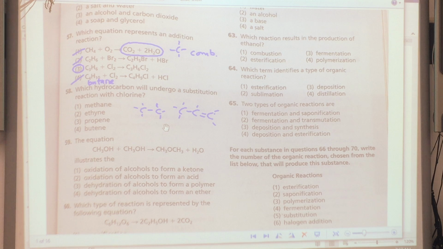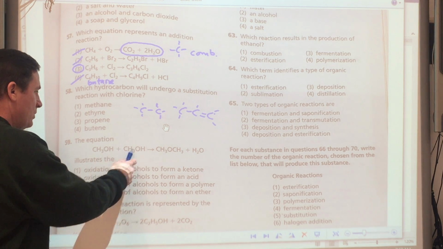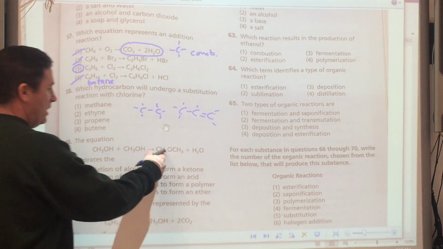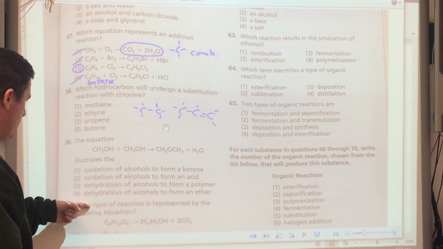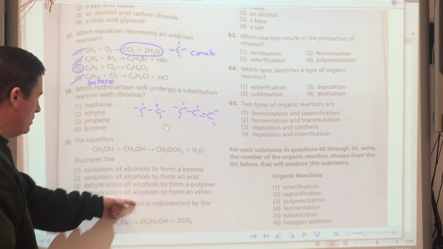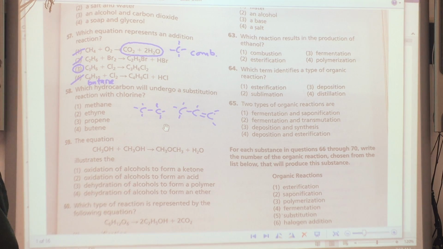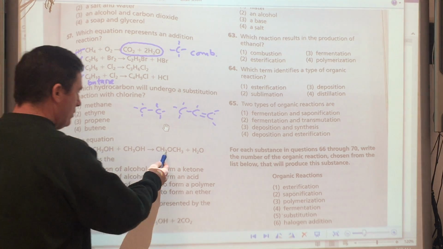All right, 59. This equation, I'm adding 2 alcohols to make a ketone. So, these are all alcohols. And what's happening here? I'm making a ketone.